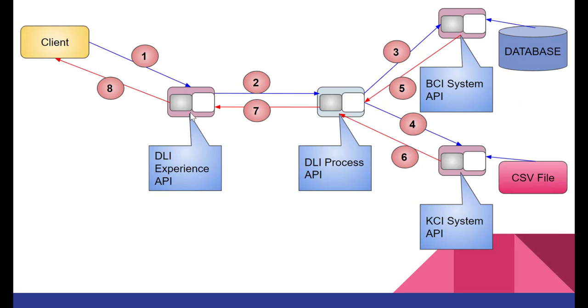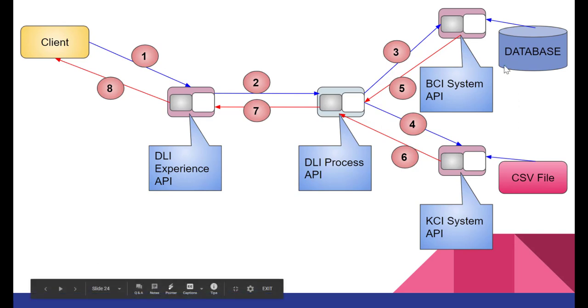From that canonical format, the data is transformed to the client specific format, which is done by the DLI experience API, and then that transformed data, which is the expected format of the client, is sent to the client as a response.